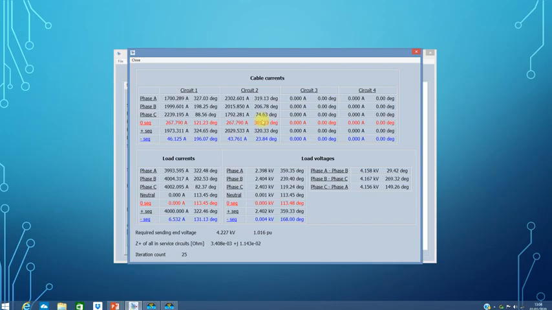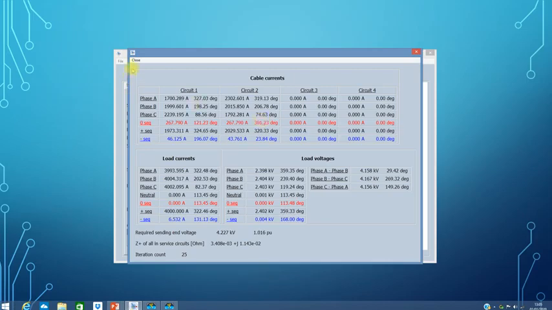Now in this example, the nominal voltage is 4.16 kV line to line. In order to limit the potential earth fault current to a value of say less than 25 amps, a resistance of 100 ohms could be placed in the neutral of the source.